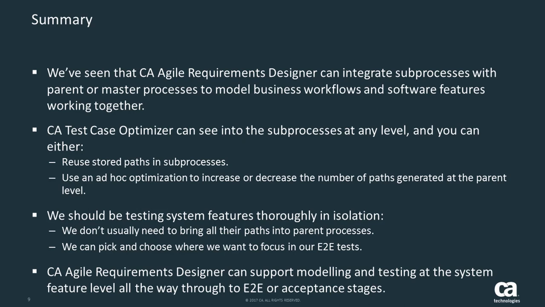Now we should be testing system features like our payment process with credit cards. We should be testing these features thoroughly in isolation before they're integrated into an end-to-end test. So we don't usually need to bring all their tests into the parent processes. So we can pick and choose where we want to focus in our end-to-end tests. We have control over where we pay attention.